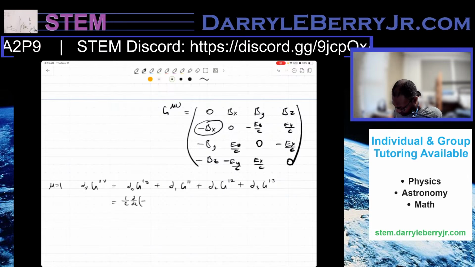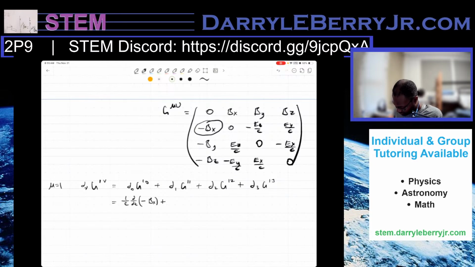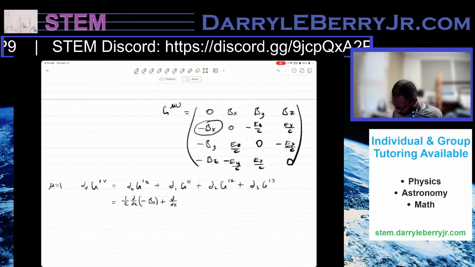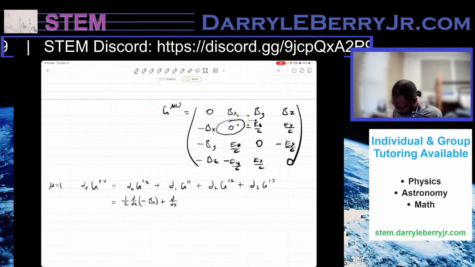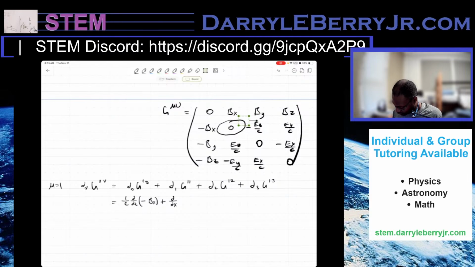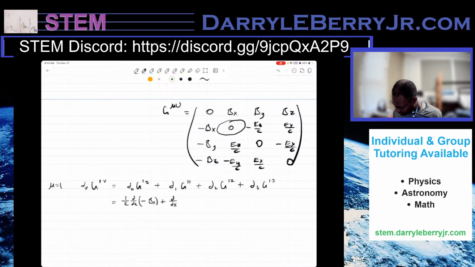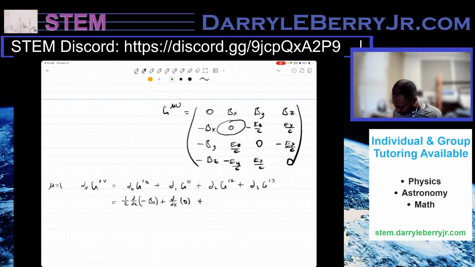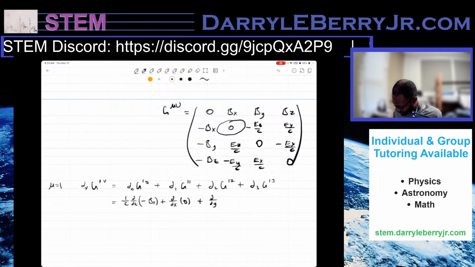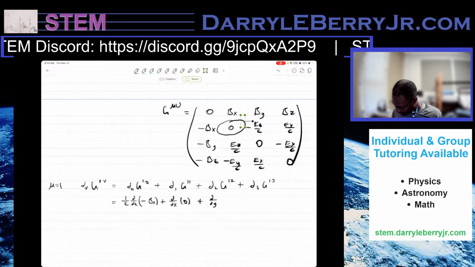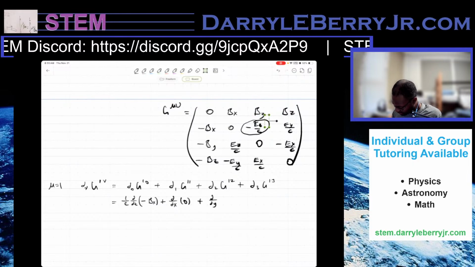So that's negative Ex plus partial with respect to x. First row, down 1 row over 1 column, column 1. So that's 0 plus partial with respect to y. And now we have row down to row 1 over to column 2.